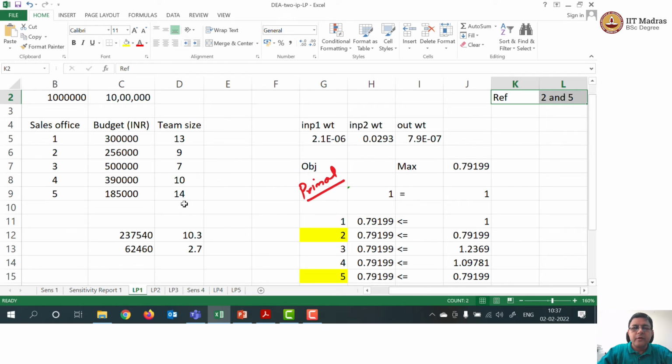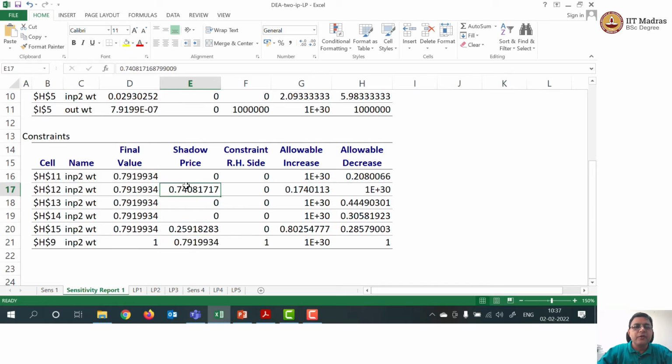Now, from this optimization solution, we are going to carry forward the non-zero dual variable values, 0.74 and 0.259. 0.74 corresponds to DMU2 and 0.259 corresponds to DMU5. Now we have identified the reference units, which is what we wanted.